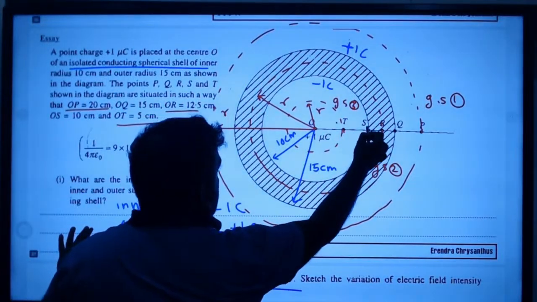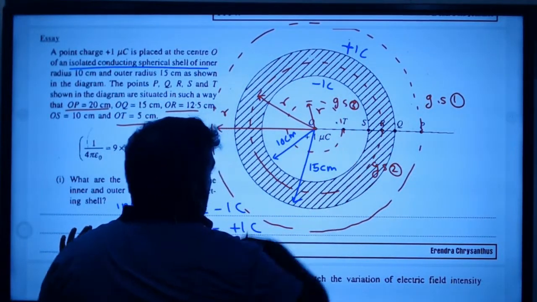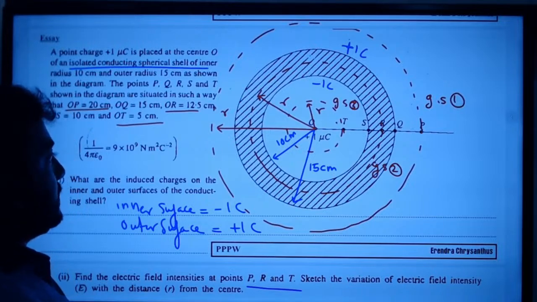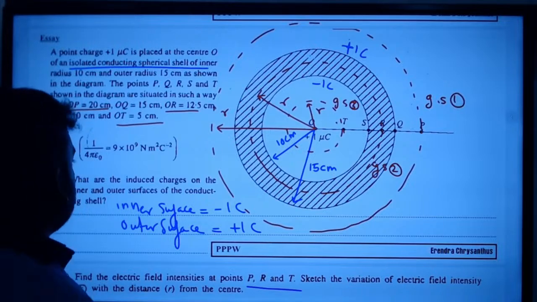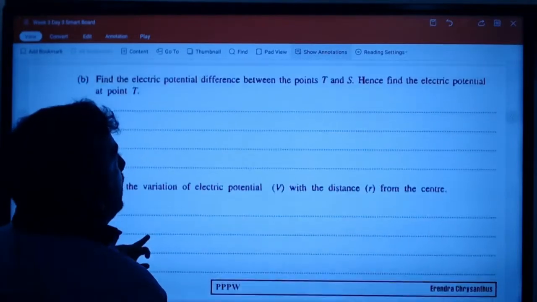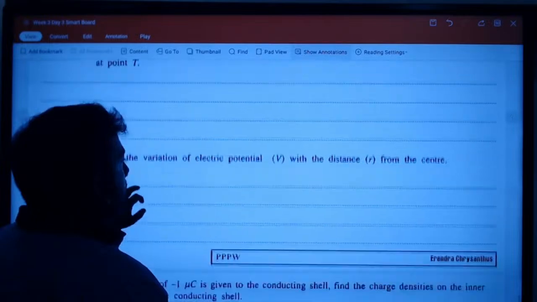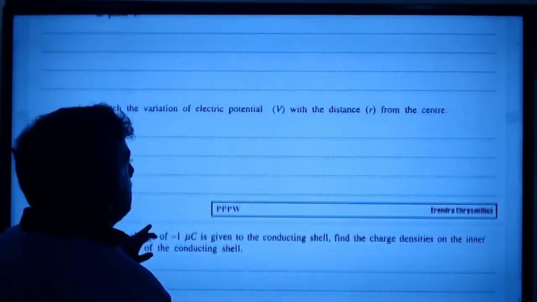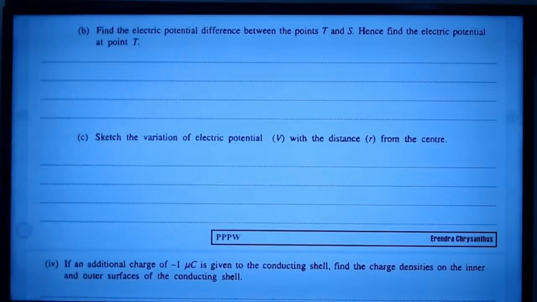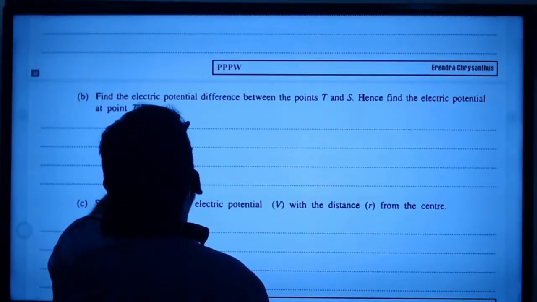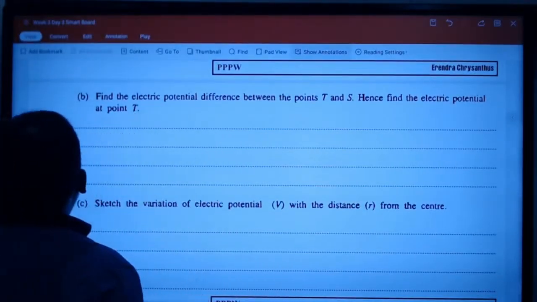T and S are here and here. Then I have to find the potential at T, then sketch the variation. Sketching the variation I have already done. Anyway, there is part C coming. Let's do the potential difference.